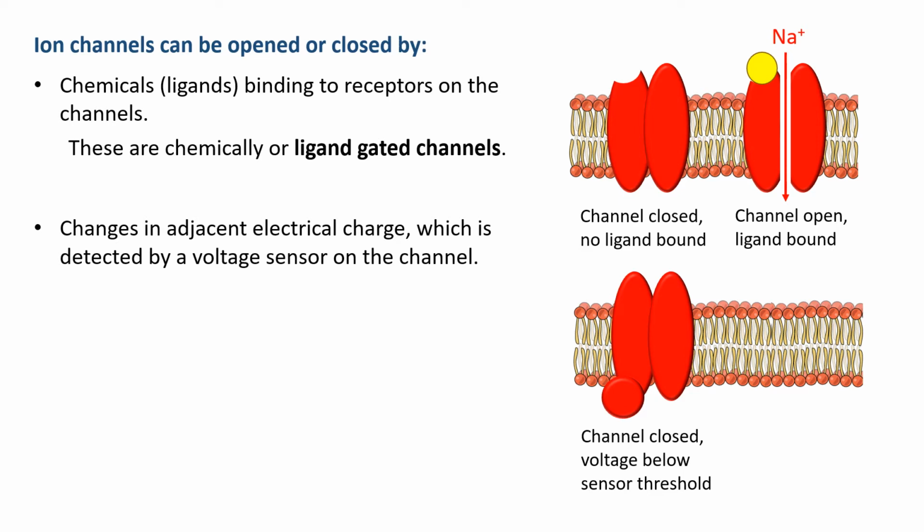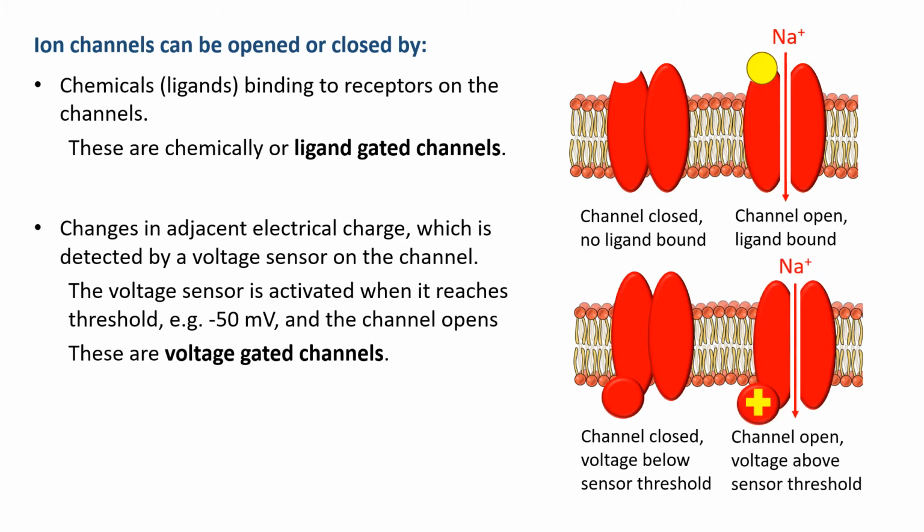So it's detected by a voltage sensor on the channel, and that can open or close that channel. In this case, this is a voltage-gated, again, sodium channel. In this case, what's happened is around the sensor, the charge has become more positive. It's reached a point of threshold, and that sensor has opened the channel. And again, sodium is influxing.